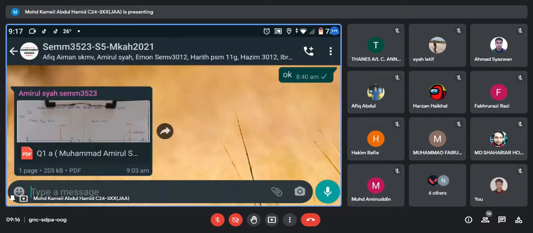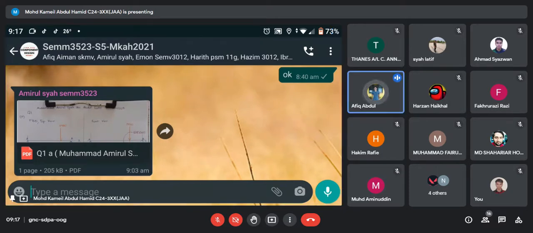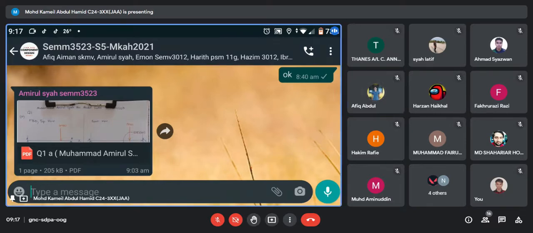Okay, mana? Tak siap lagi. Apa yang ada? Firdaus. Kejap doktor, saya salah buat sikit. Okay, yang lain. Siapa yang dah siap boleh share. Anyone?